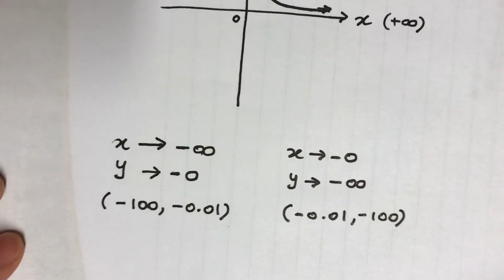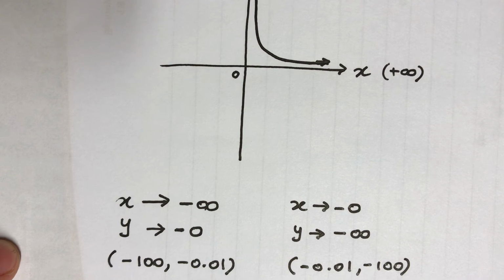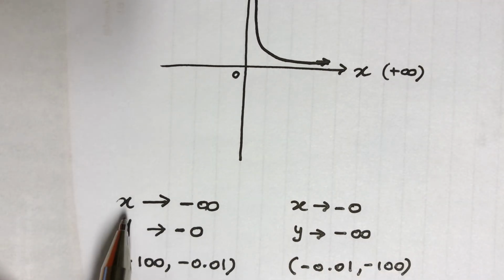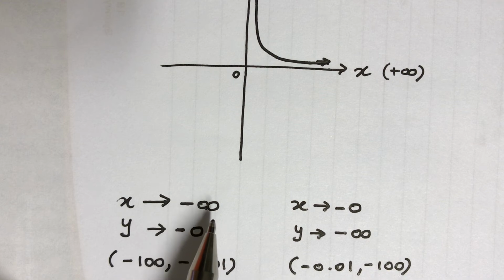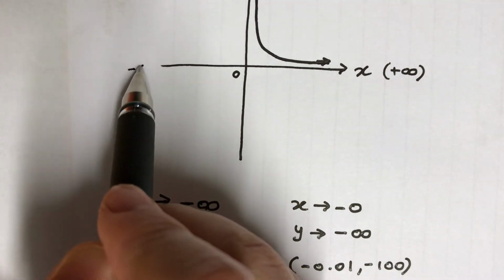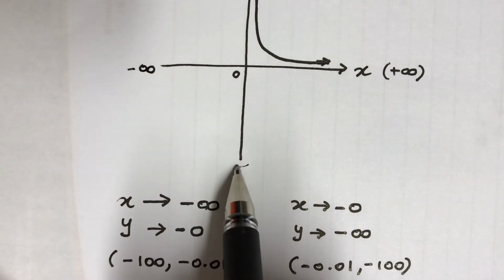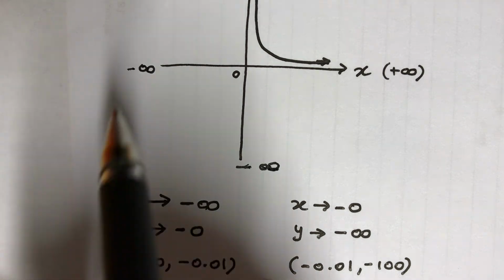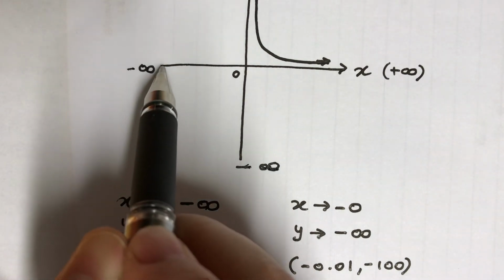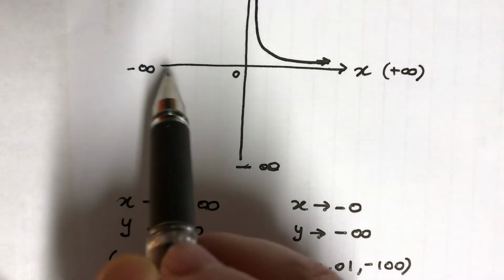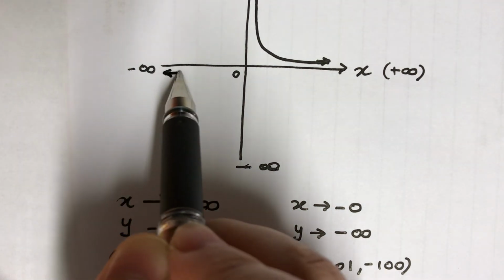Okay, that's better. Then I'm going to go up here and show you on the graph. When x is minus infinity, which I've just picked as minus 100, I'm going to put minus infinity here, minus infinity here. When it's up here somewhere, I'll get minus 0.01, up to here.